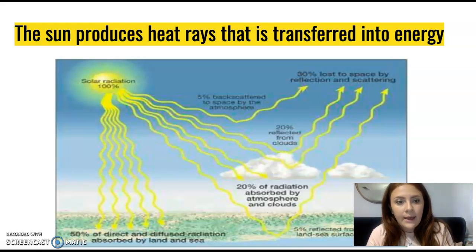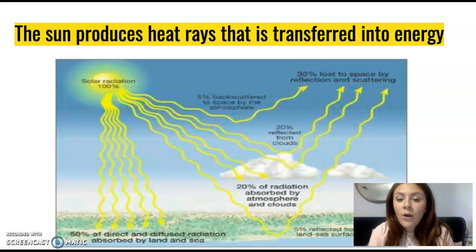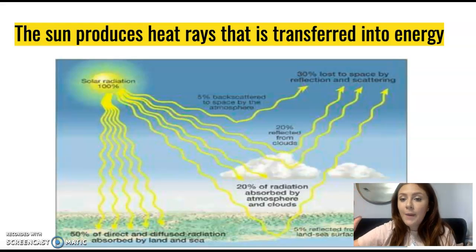Again, we absorb 50%, but then 20% of radiation is absorbed by the atmosphere and clouds. So not only does our earth, like the ground and the plants, absorb this energy, but our atmosphere, like the air around us and the clouds, also absorbs that radiation. 20% gets reflected back off into space.